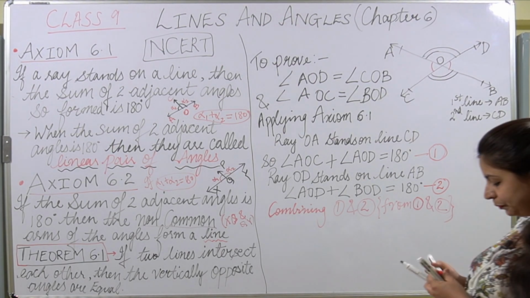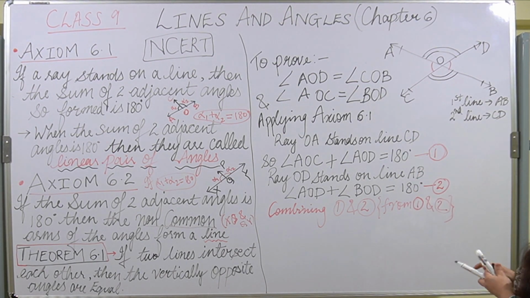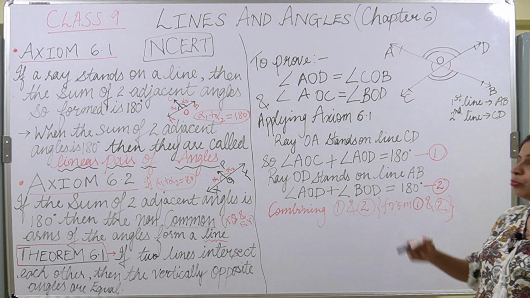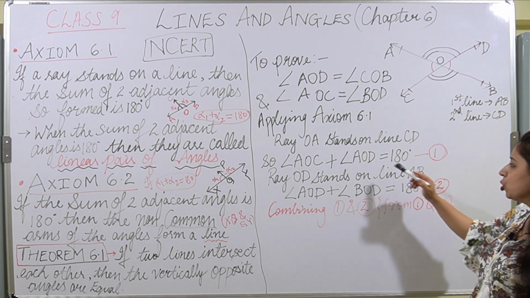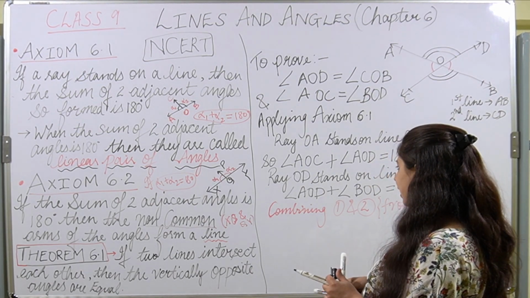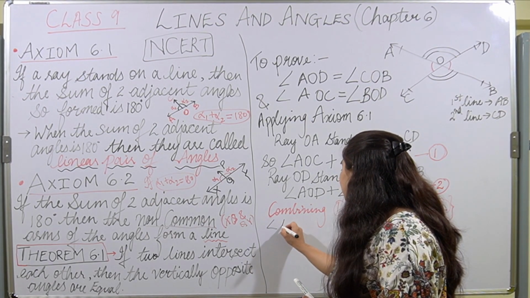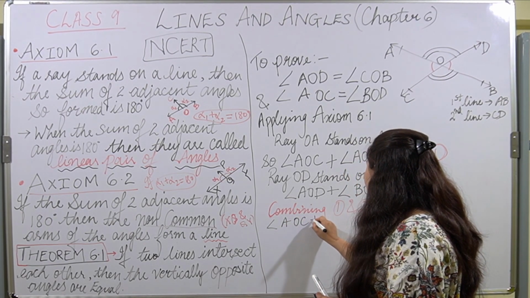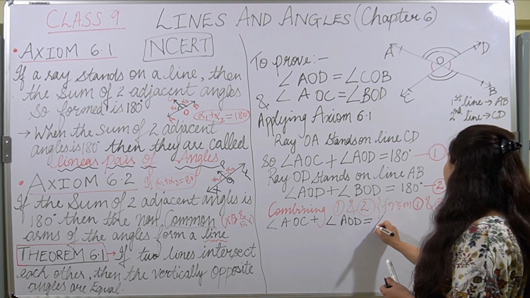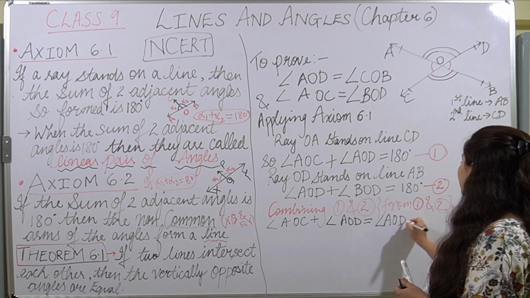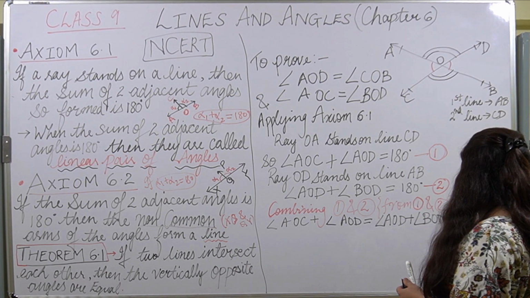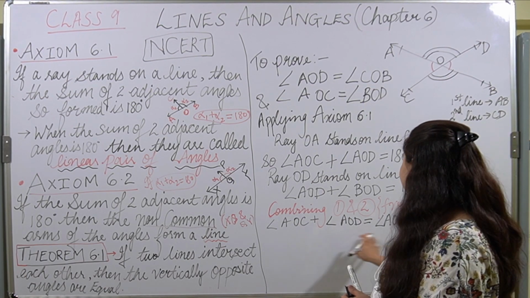What we will be getting? Because both the RHS are equal to 180 degrees, I can equate the LHS side. So I will be getting angle AOC plus angle AOD is equal to angle AOD plus angle BOD, which is equal to 180 degrees.